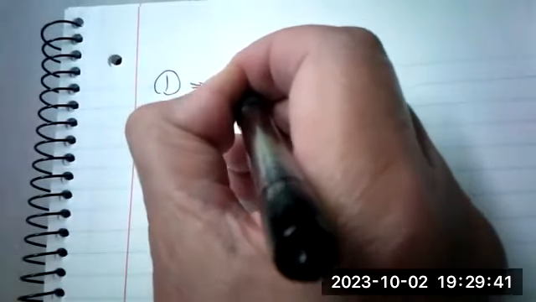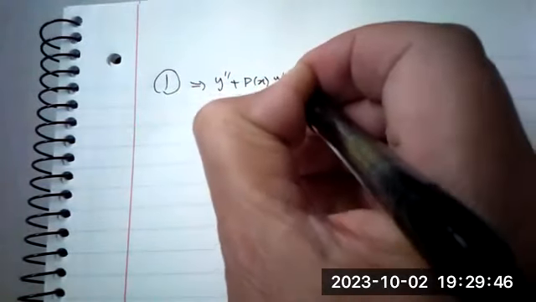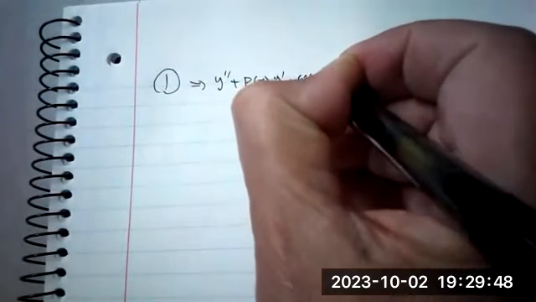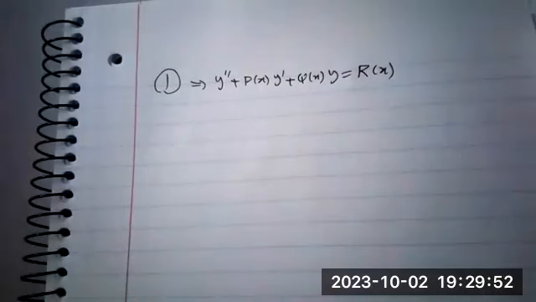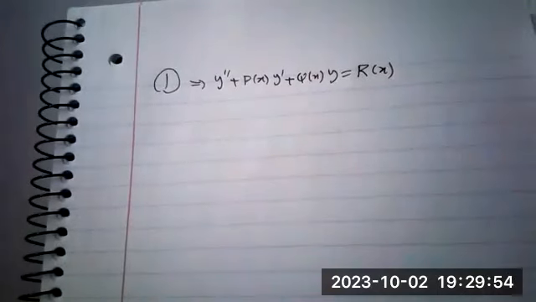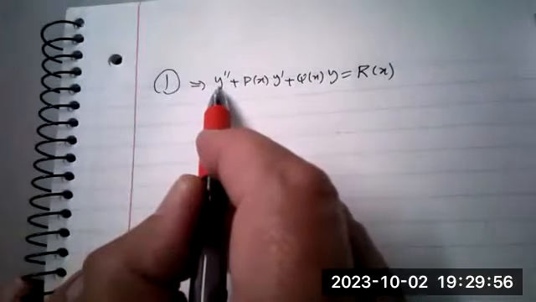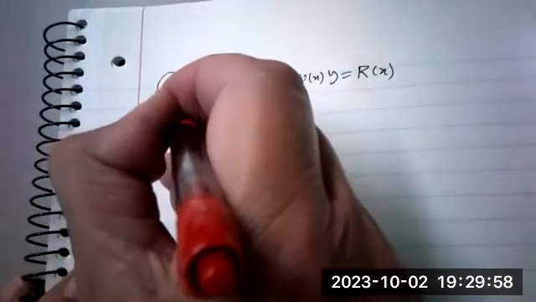Let's see. So I substitute into equation number 1. What is equation number 1? Equation number 1 is this one: y double prime plus px y prime plus qx y equals rx. I substitute what I have. I substitute for y double prime first, and this is what we got.